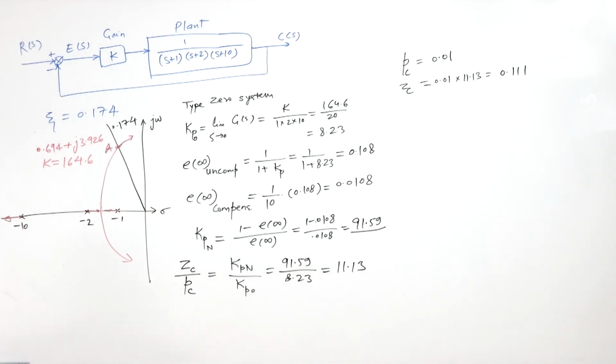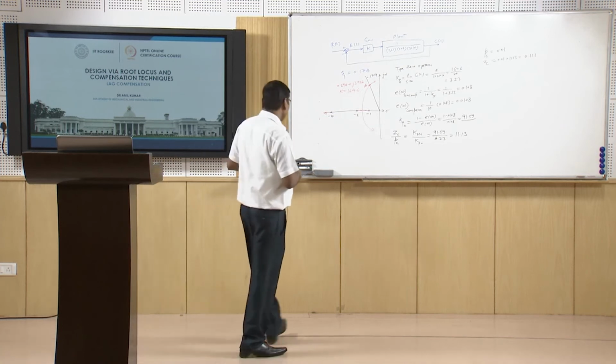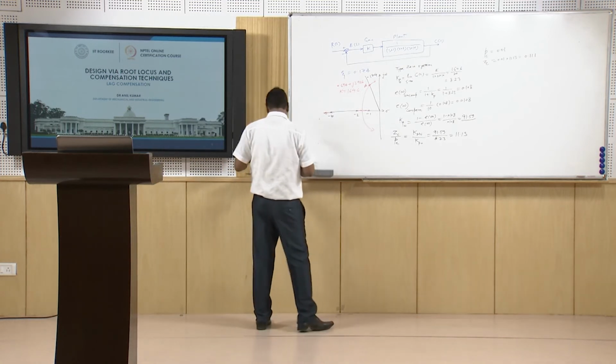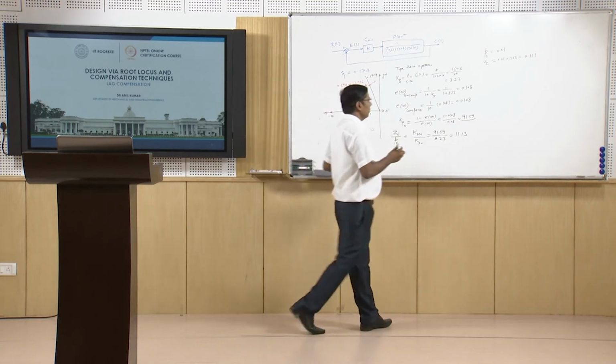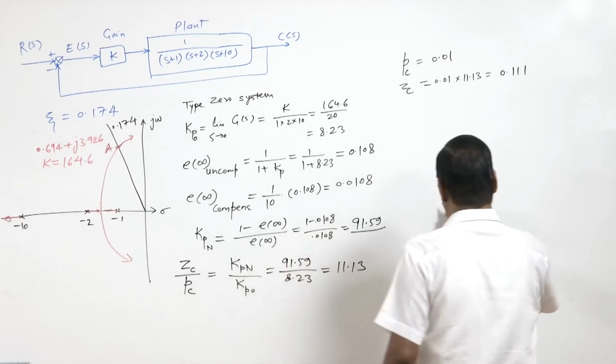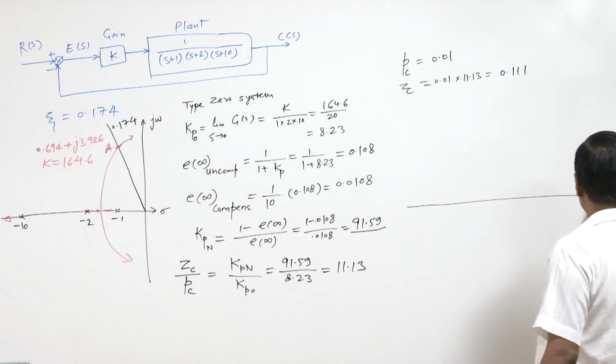So now we can plot this compensated system root locus.